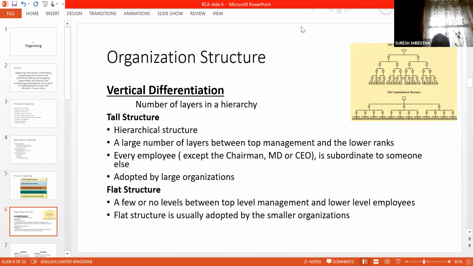But here on the bottom one, what you can see is 1 2 3 तीनटा layer को मात्रै छ भने that is the flat structure. So there is very high vertical differentiation in the top one and the low vertical differentiation in the lower one. So that is the organization structure based on vertical differentiation. Right?